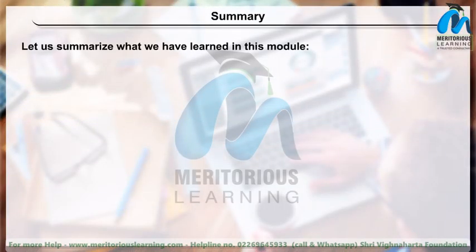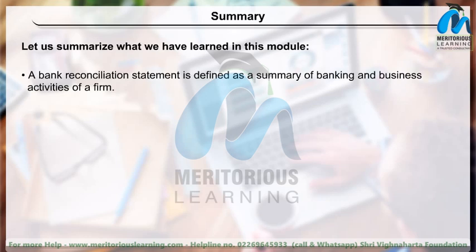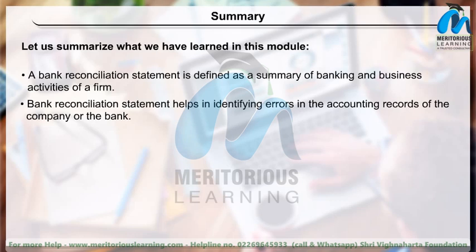Summary. Let us summarize what we have learned in this module. A bank reconciliation statement is defined as a summary of banking and business activities of a firm. Bank reconciliation statement helps in identifying errors in the accounting records of the company or the bank.